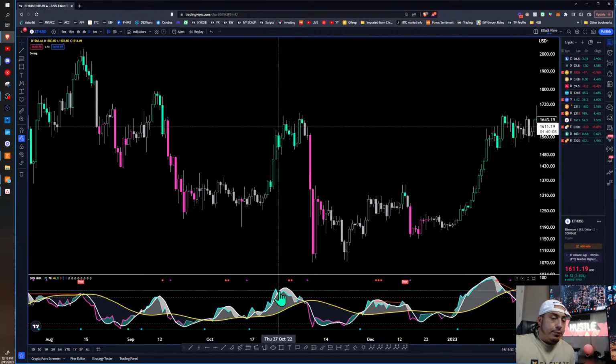So the big takeaways with my RSI: you're going to want to use it for understanding where momentum goes and understanding when price is likely to reverse the current trend.